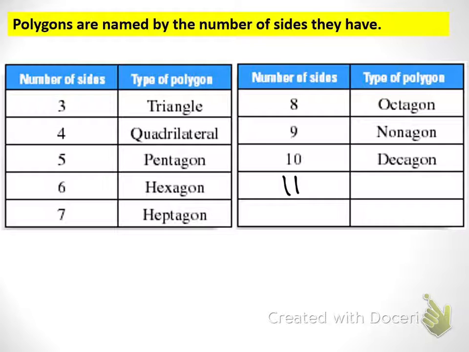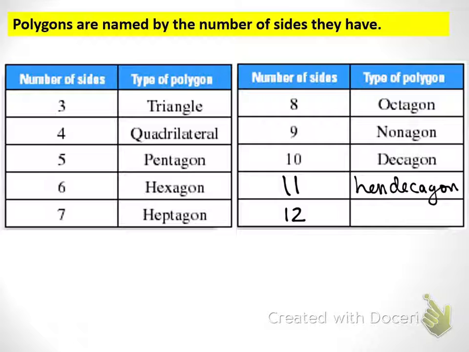You're going to put a prefix and then decagon for each and every one of them. You're required to know 11 and 12. You're not going to guess 11 because it is hendecagon.